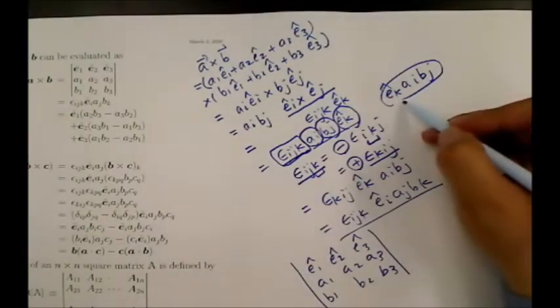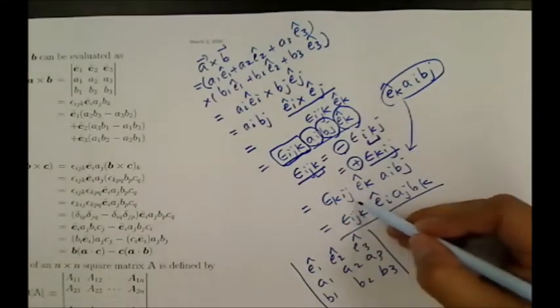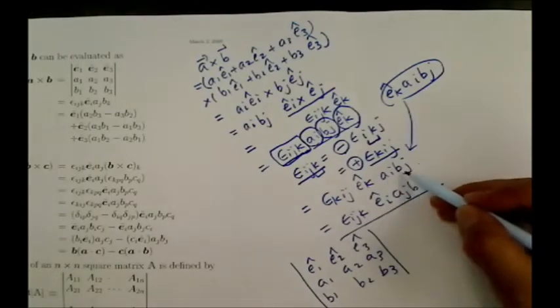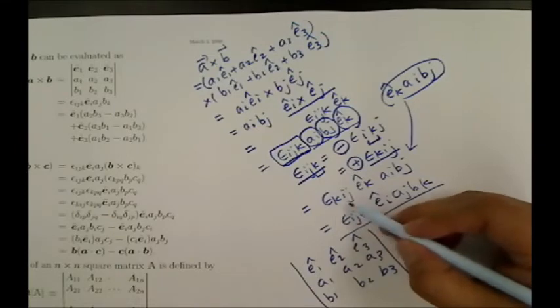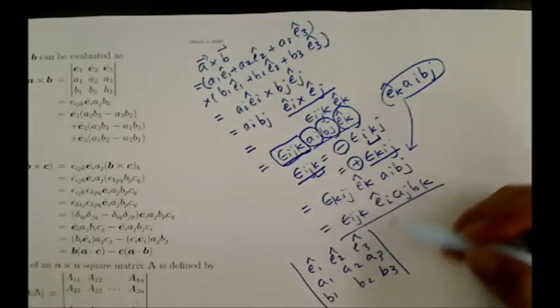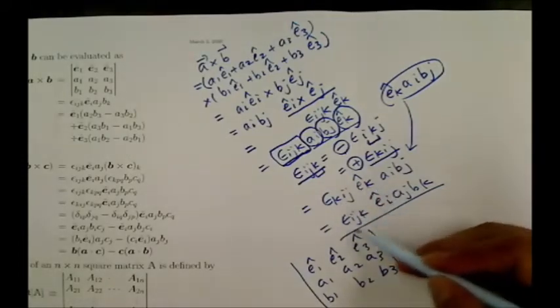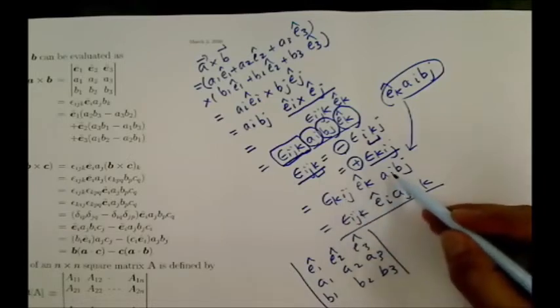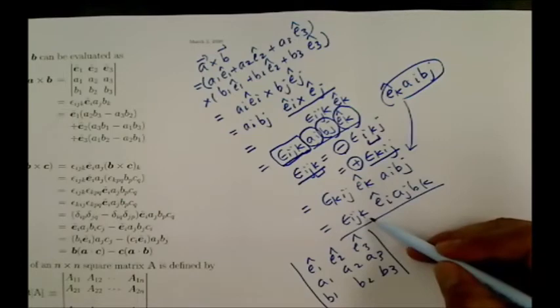If I bring this one in here, I would get epsilon kij, ek, Ai, Bj. Now, i, j, k are all dummy variables. I can always replace them with different values. So k is replaced with i, i is replaced with j, and j is replaced with k.